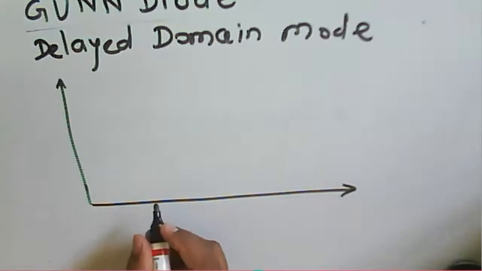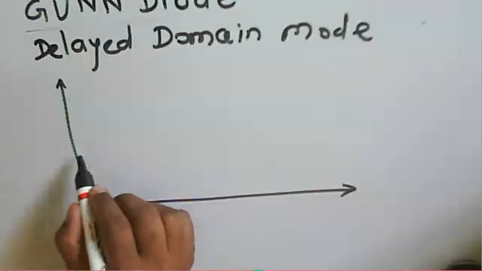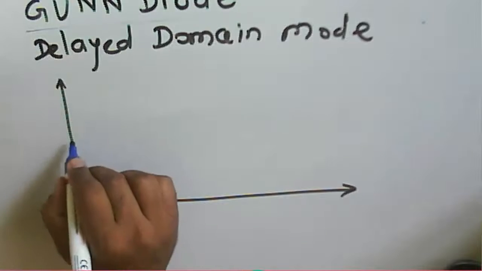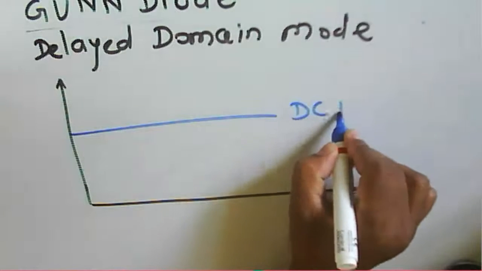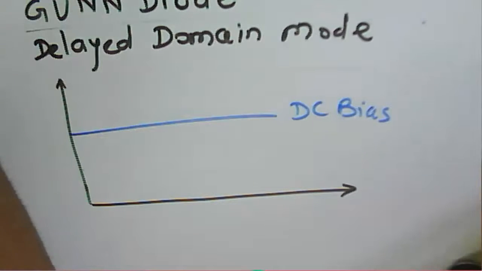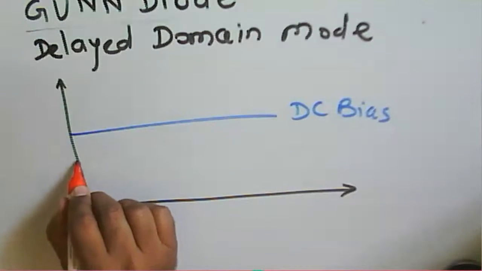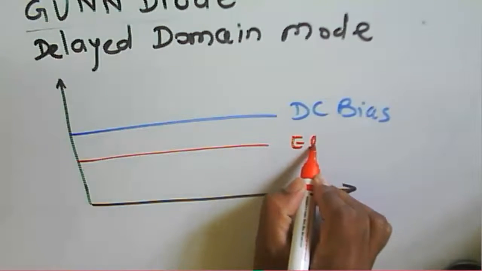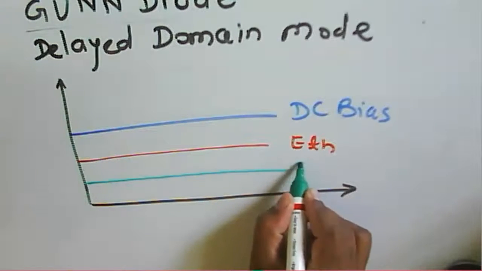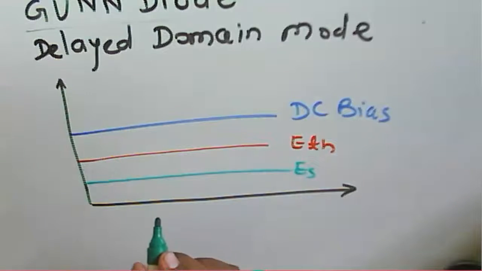For this we're supposed to consider the DC bias. Then we're supposed to consider that the threshold voltage is about ETH.